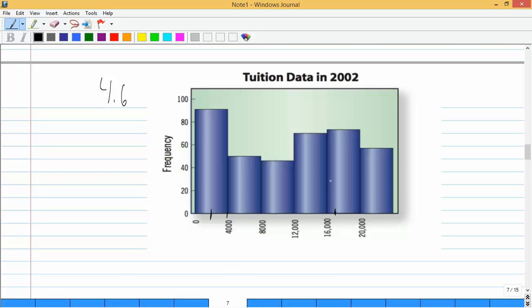You can trace over and look at the frequencies.